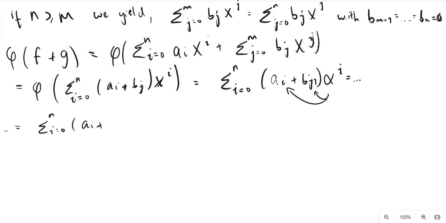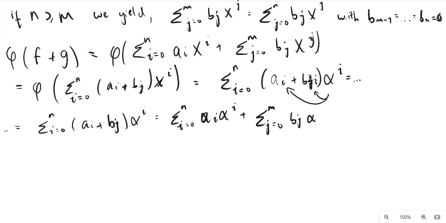If I've assumed the summation is changed, that has to turn to b_i. So this will make this b_i also. We have a_i alpha to the i plus b_i alpha to the i. That's what we have so far.